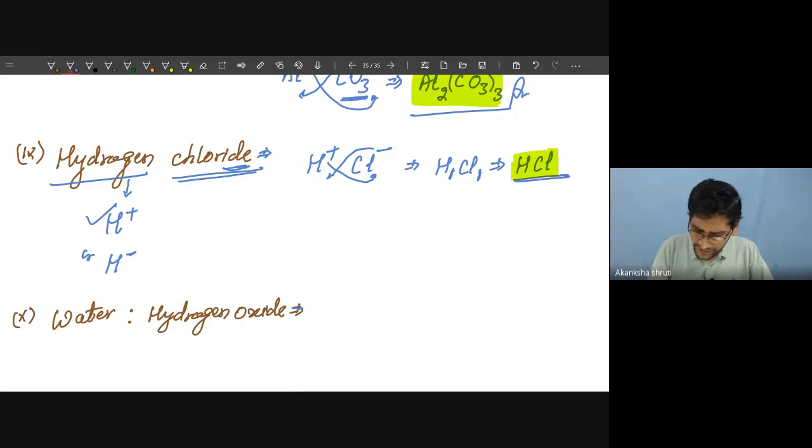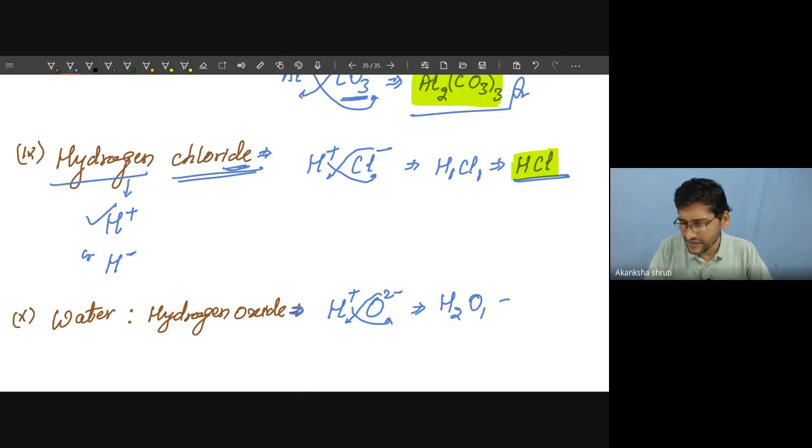So what will be the formula for this? Hydrogen I shall take with plus 1 and oxygen with minus 2. So what will it form? Minus 1. 2 will come below hydrogen and 1 will come after this. So hydrogen twice, oxygen once. So it becomes H2O. Are we getting? It is like this one.